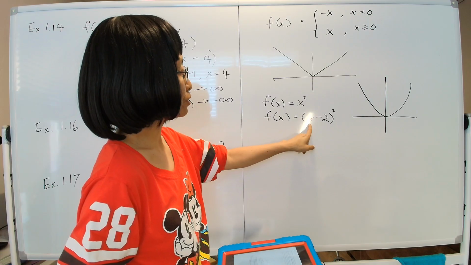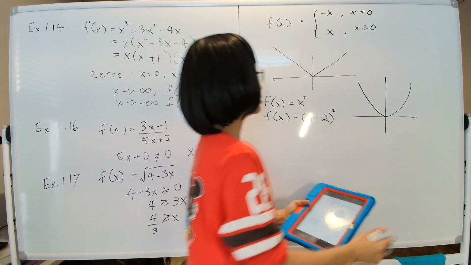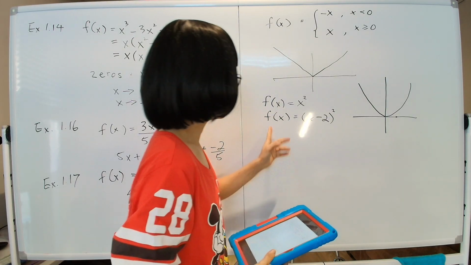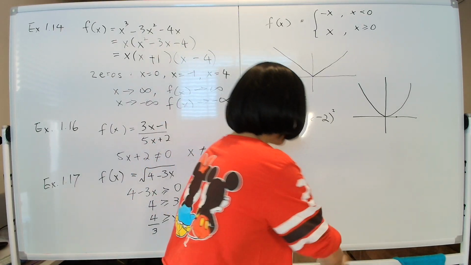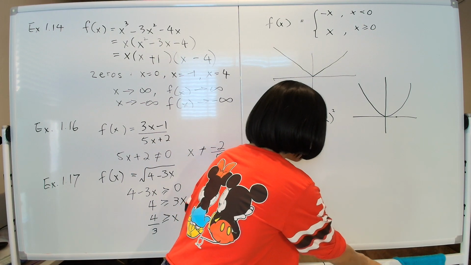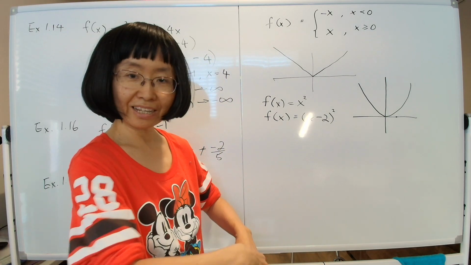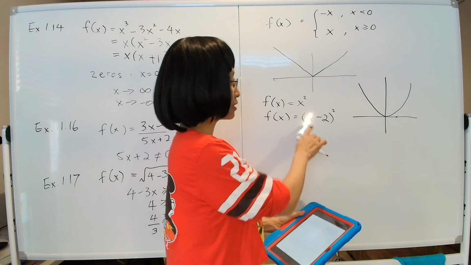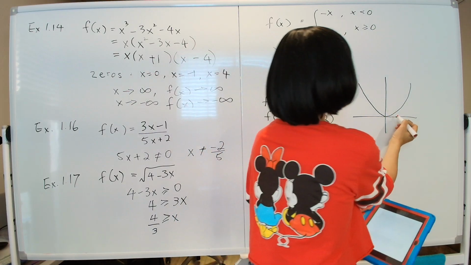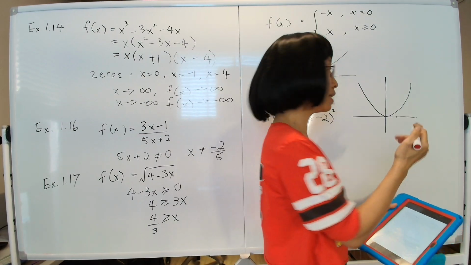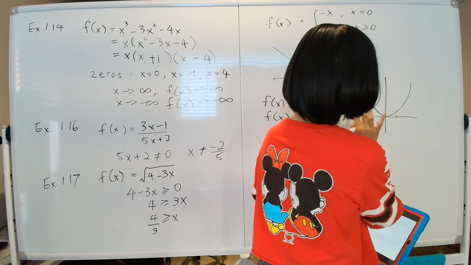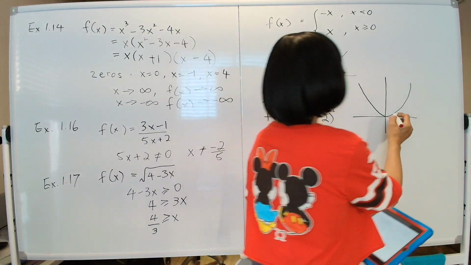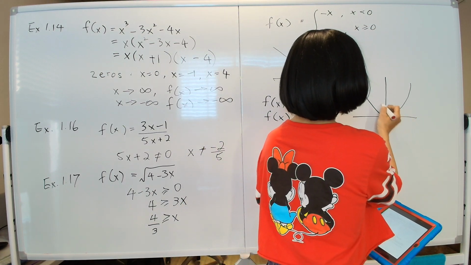So when x is 2, y is 0. So the new bottom for the new function is over there. I will use a different color to indicate that fact. So for your new function, when x is 2, y is 0, so the bottom is here, but everything else stays the same. So you imagine you take this thing, you shove it over 2 units, and it looks like this.